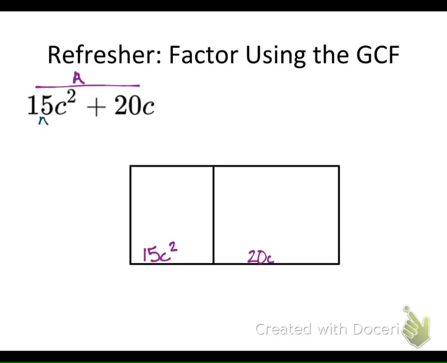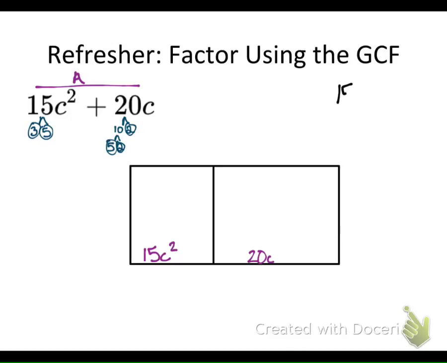So 15, two numbers that multiply to get 15 are 3 and 5. Both are prime, so go ahead and circle them. Two numbers that multiply to get 20: 2 and 10. 2 is prime. 5 and 2. Circle those. Let's write those out.